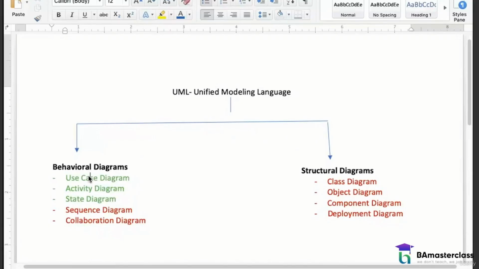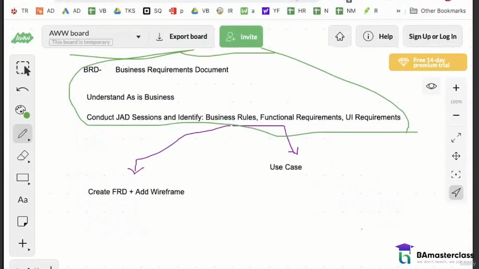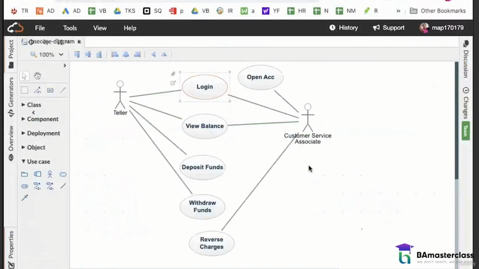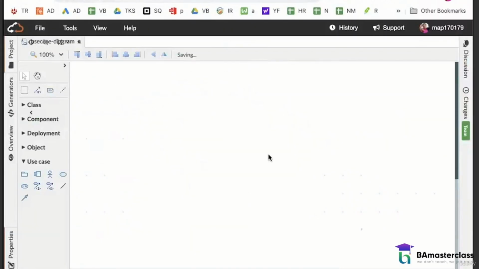All right, so let us understand this. It shows two things. It shows the interactions between the actors and the use cases, and it also shows the relationships between the use cases. When we talk about a use case diagram, what are the elements we use to create it? A use case diagram consists of a symbol like this that represents a use case.